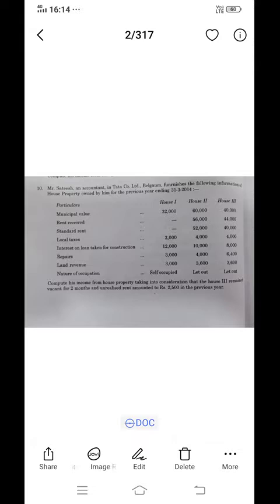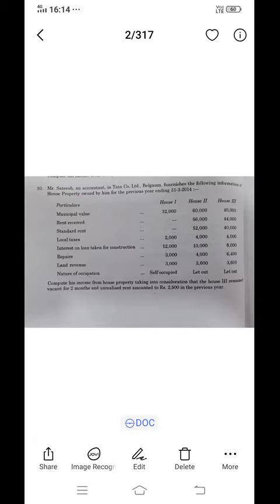And see in the last paragraph, house 3 remained vacant for 2 months. So there is a vacancy in the third house, and there is an unrealized rent of 2,500.